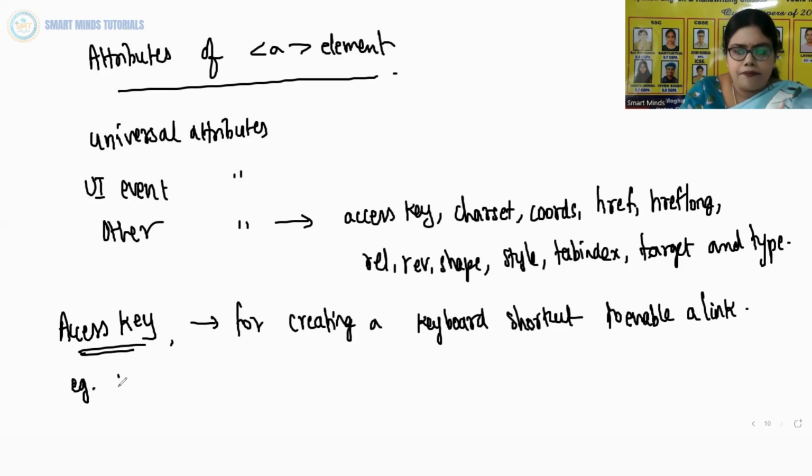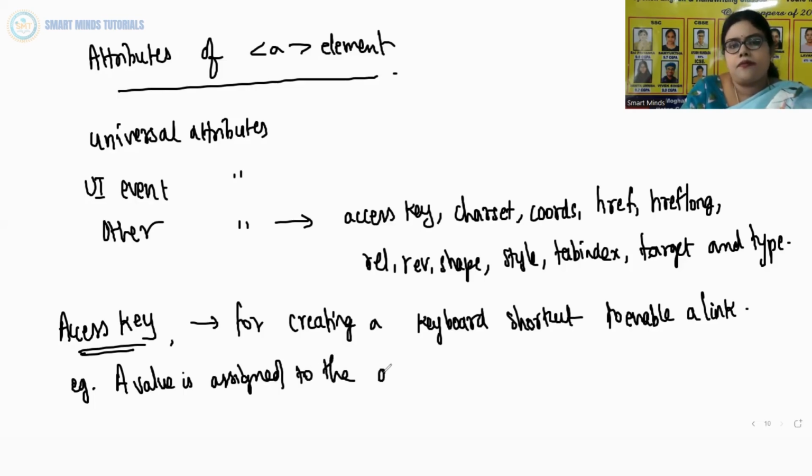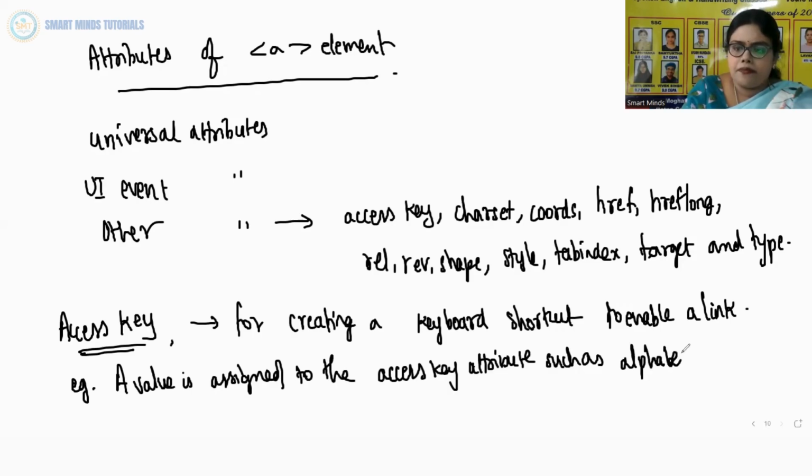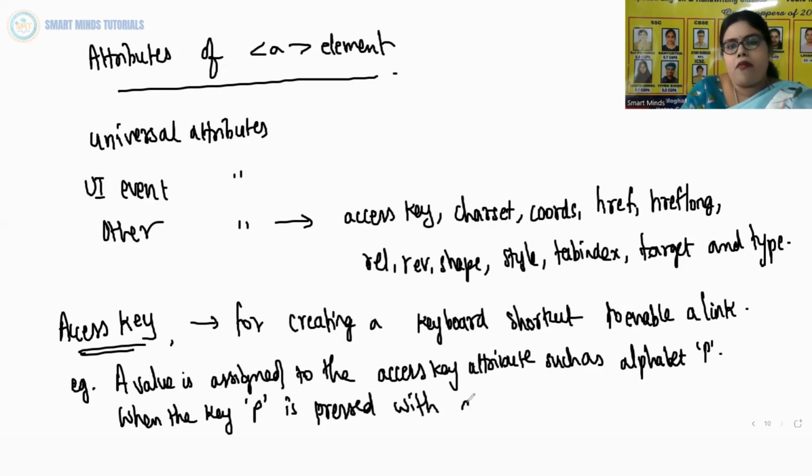For example, a value is assigned to the accesskey attribute, such as the alphabet P. So when the key P is pressed with Alt or Control, the link is activated.